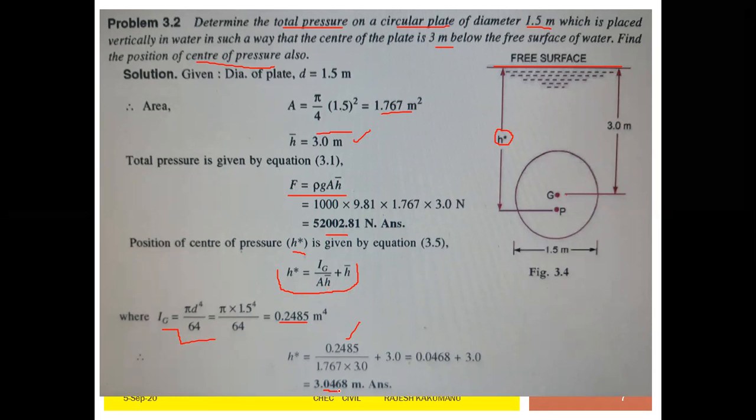So this is the position of the center of pressure, and the total pressure we also got. So we got the total pressure F and the center of pressure H star, right?